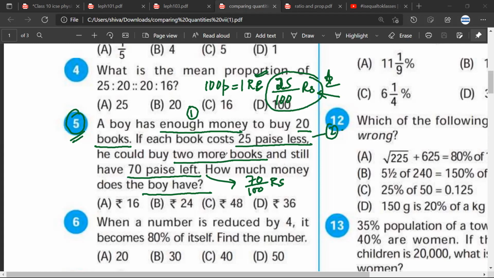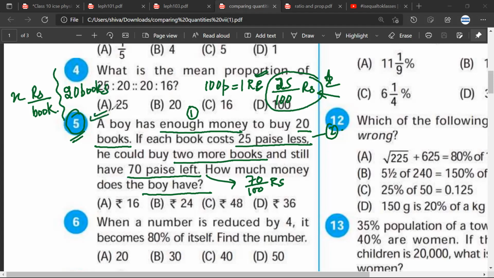The third thing that we need to remember is, if each book costs 25 paise less. For example, if you assume that the cost of each book is rupees X per book, then he is able to buy 20 books. This is the meaning of the first line.